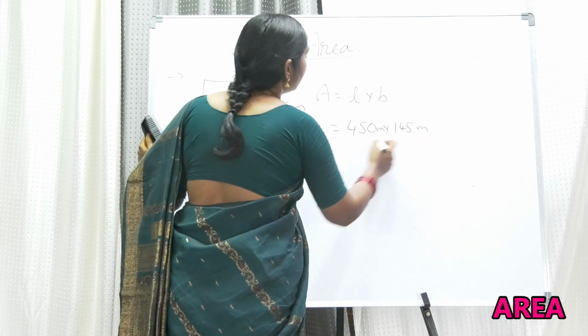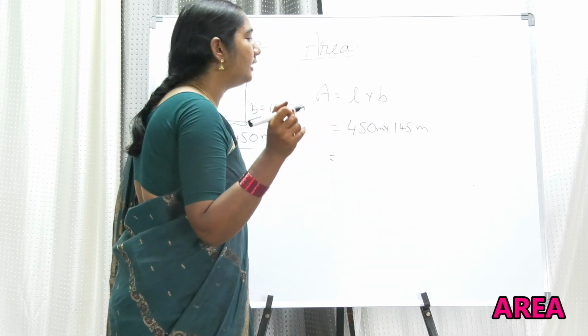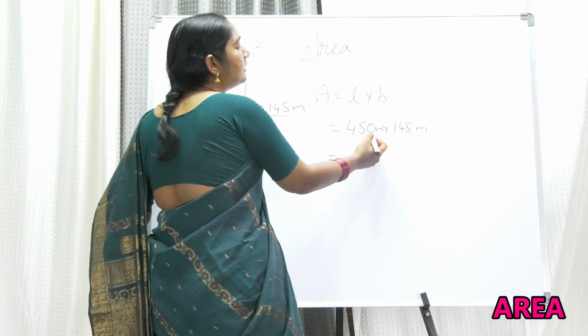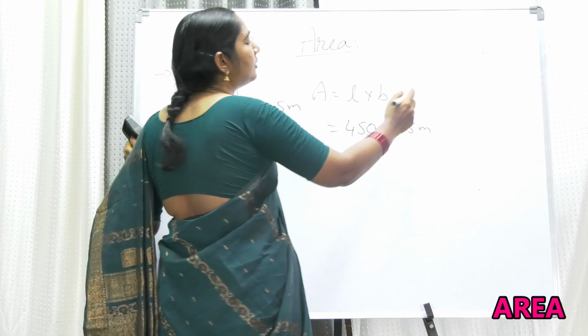Meter into meter. I am repeatedly telling you, please don't copy from anywhere. If any zero is there, just leave the zero and do the rest of the multiplication.